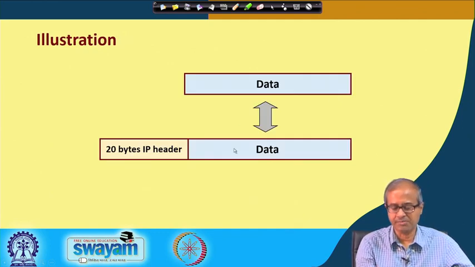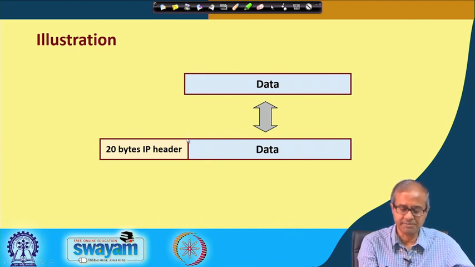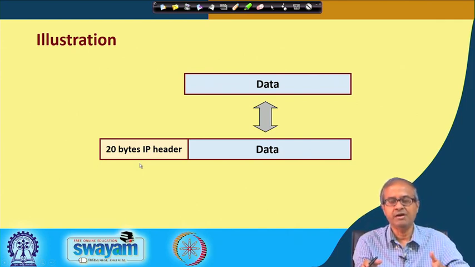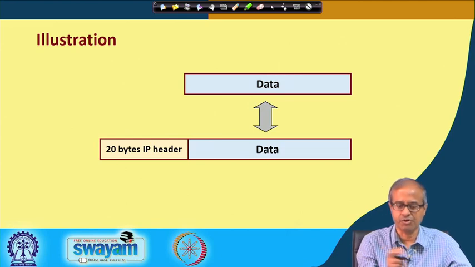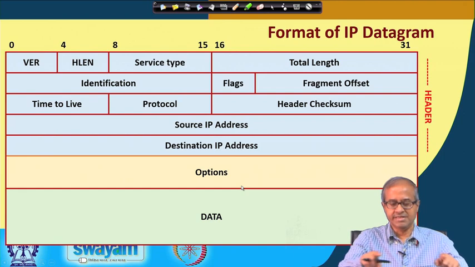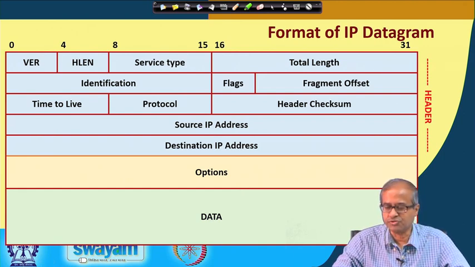So, this is what I am talking about. Some data is coming to the IP layer and the IP layer is adding some 20 bytes of header to it and is then forwarding it to the lowermost hardware layer or the data link layer, whatever you call. Okay. This is an overall picture which shows the format of an IP packet.